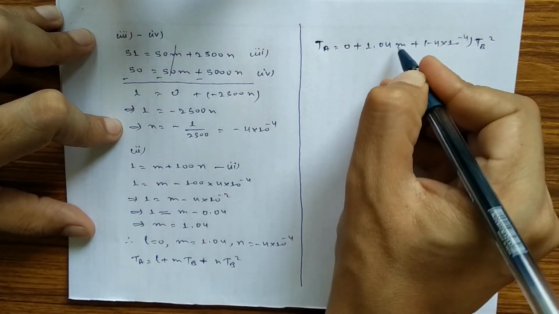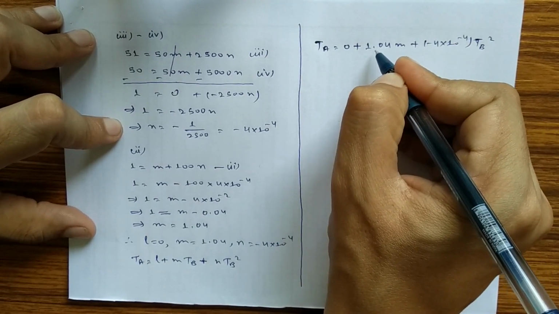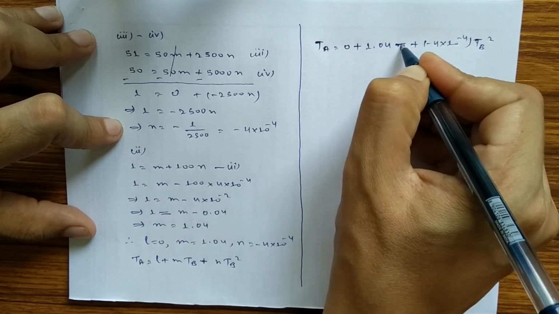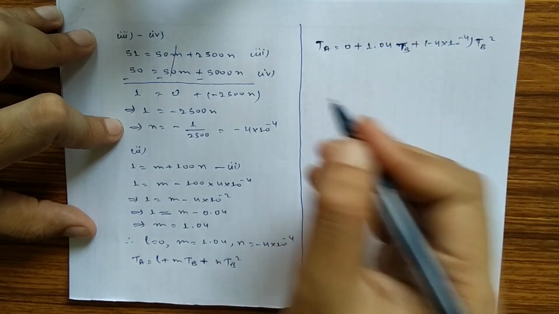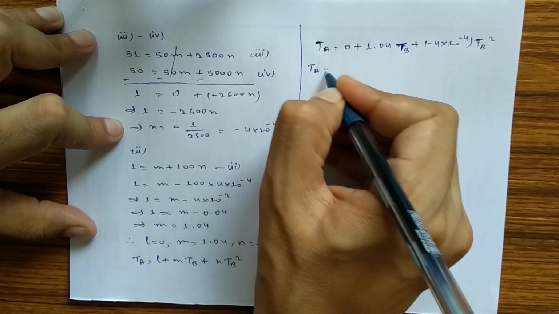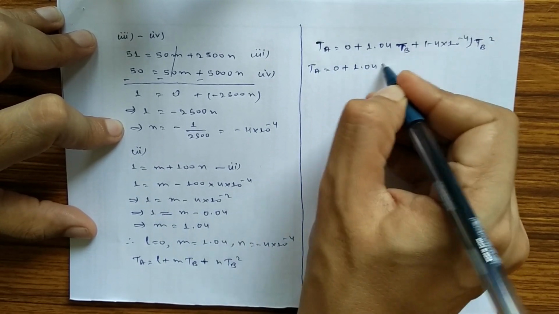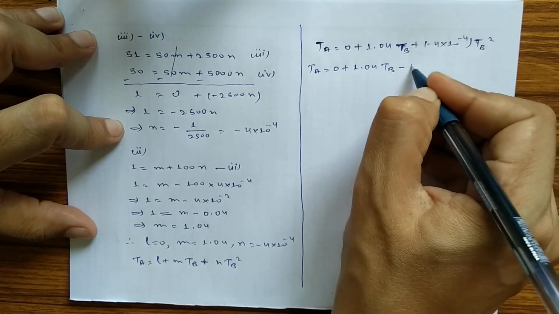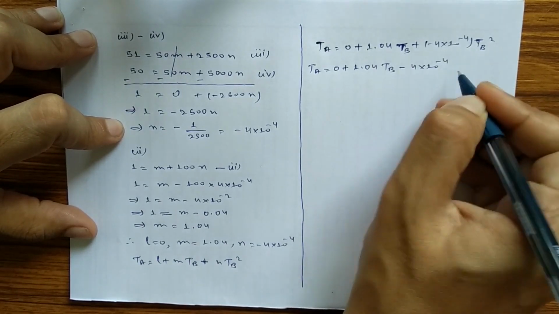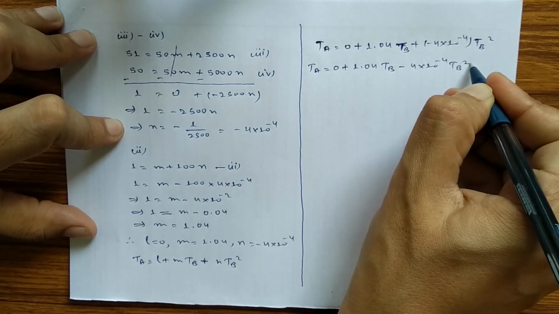Sorry, here it is TB, and the value of m is 1.04, so it is TB.